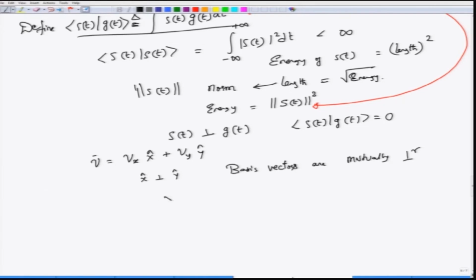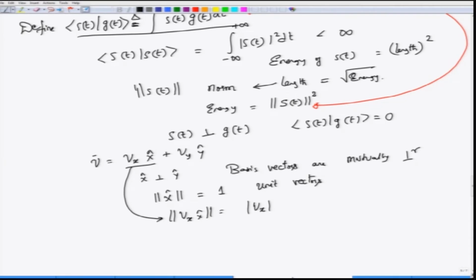Moreover, the length of vector x, or the norm of the vector x, is 1, correct. That is why these are called unit vectors, vectors having magnitude 1, which can be stretched or shrunk to form additional components. So, what would be the norm of this Vx times the x hat vector? Well, it is nothing but the magnitude of Vx, because it has to be positive.